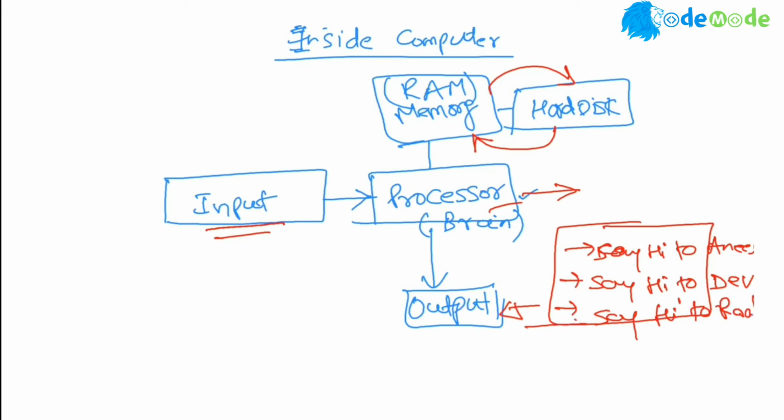When I say hi to Rahim, the processor no longer recognizes Anish or Dev. The processor completely forgets. If the processor needs to find out who Dev was, it has to go to memory and ask, was there ever a guy called Dev or Anish to whom we said hello? And memory will say yes, because after lines 1 and 2 were executed, memory recorded it.